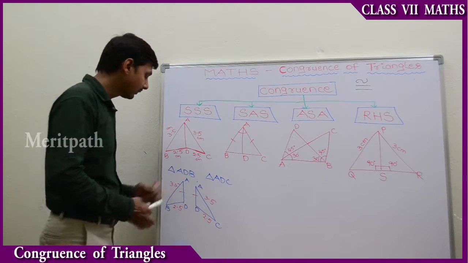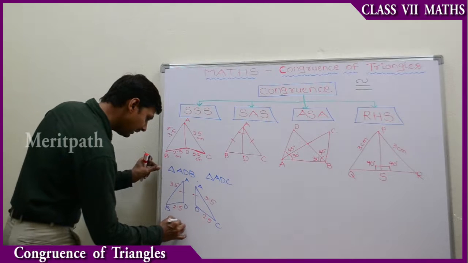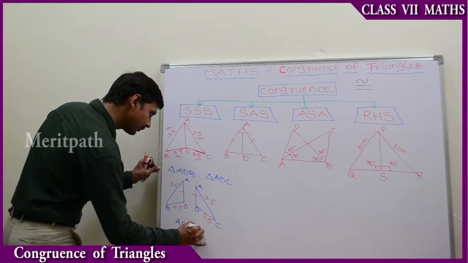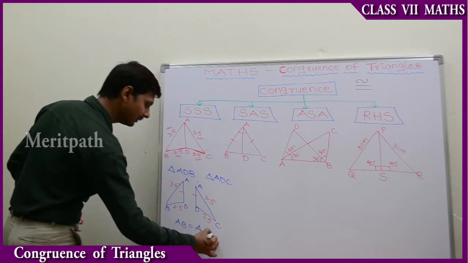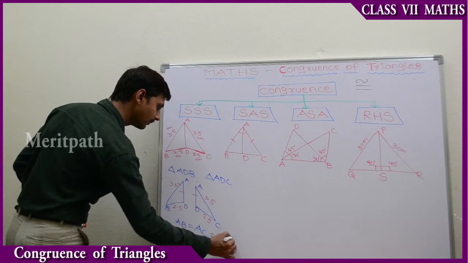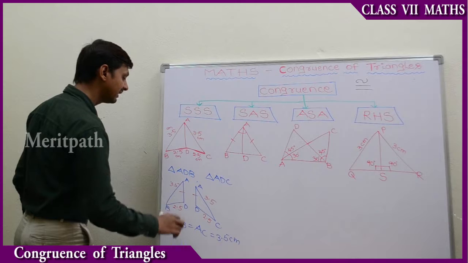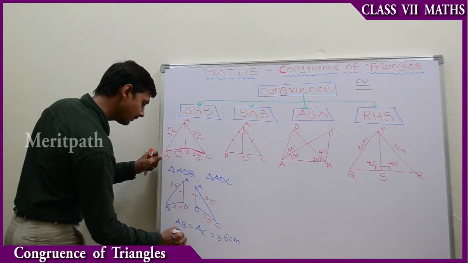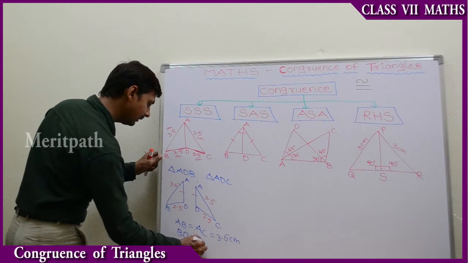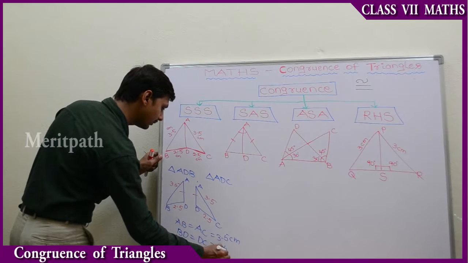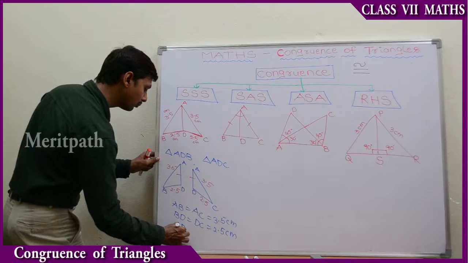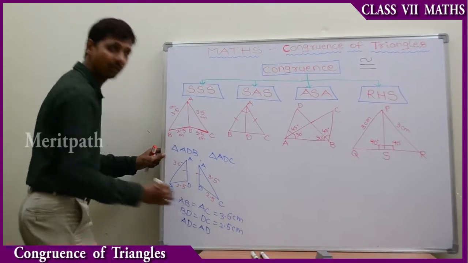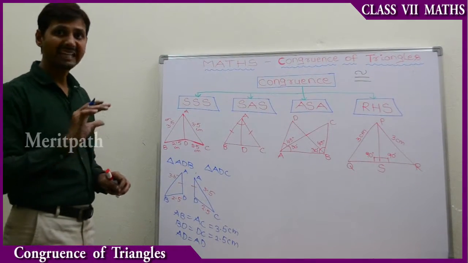So let's write. AB is equal to AC. Both are equal, 3.5 centimeters, and BD is equal to DC, 2.5 centimeters. Now AD is equal to AD. Both sides are common, so they are equal.